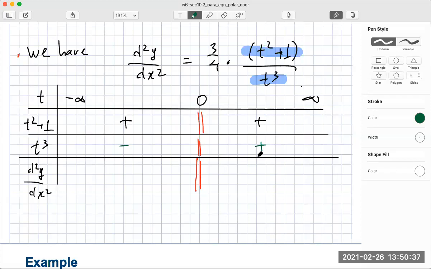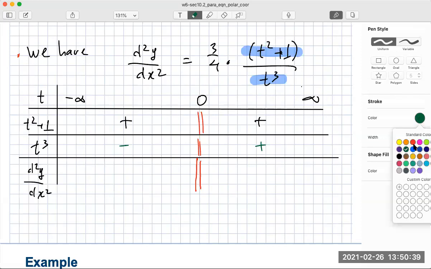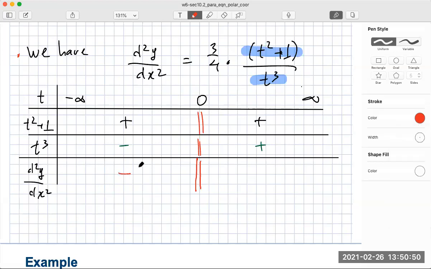Therefore, we see that in this interval, it will be the division of a positive number divided by a negative number. Therefore, it should be negative. Very good. And here, positive. Okay, very well.